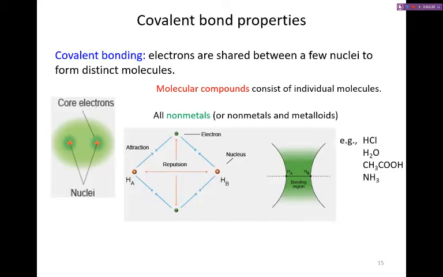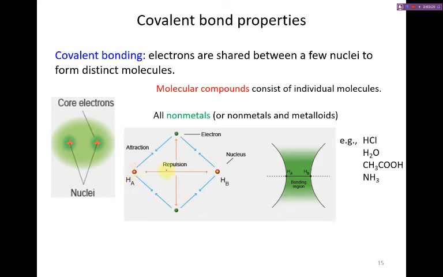What happens in covalent molecules is that if we have two nuclei, the core electrons are held tightly to the nuclei, but the valence electrons are on the exterior and are able to circle around the nuclei within their orbitals. And so if we take a look at a very simple hydrogen-hydrogen system, we have one hydrogen atom and another hydrogen atom.